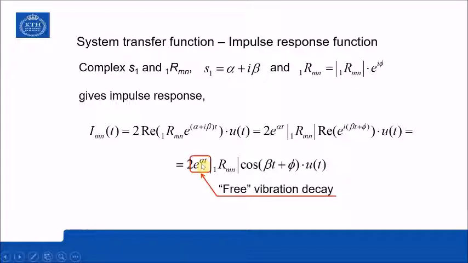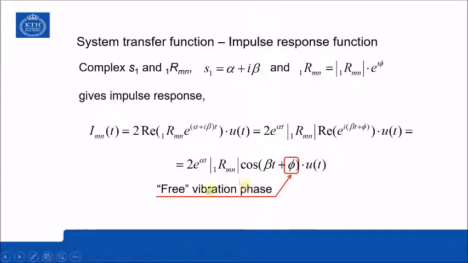So alpha, the real part of the pole, determines the decay time of the free vibration. If you consider the full factor in front of the cosine, it will give you the free vibration amplitude. And finally, this phase angle will give you the direction of the displacement of the impulse response.